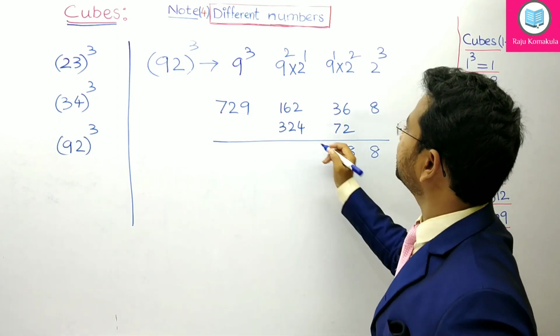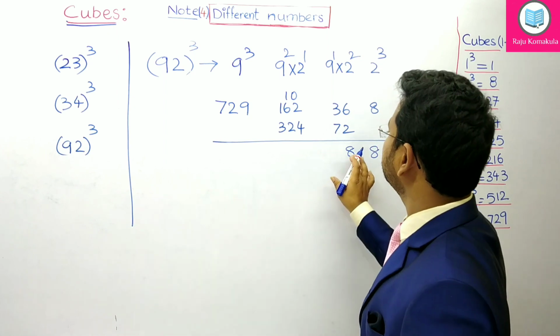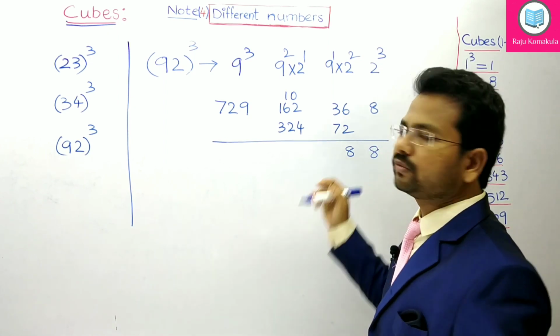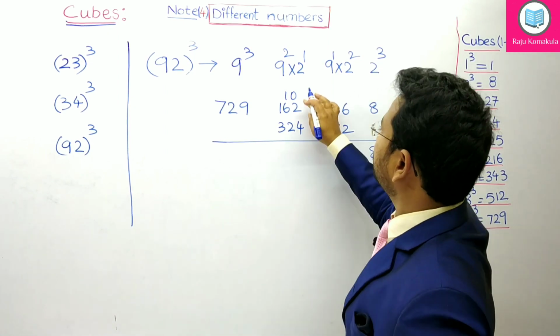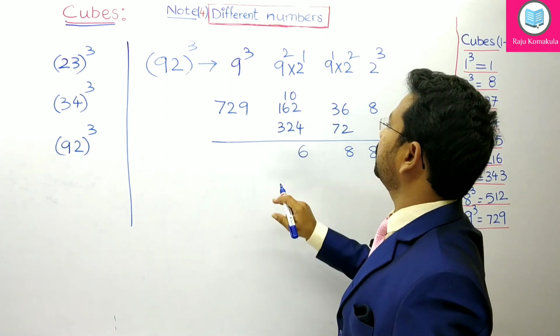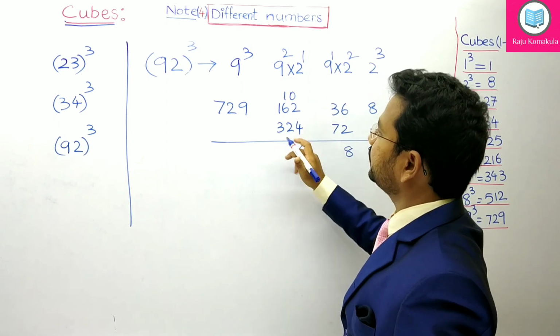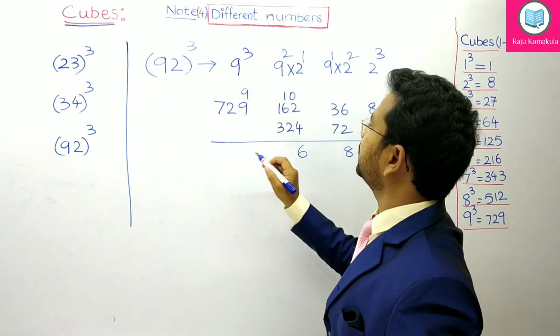But I am not writing 10 here. You have to write here 0. This is important. Don't write two numbers. Only write single digit. Now 2 plus 4, that is 6. And now 1 plus 6, 7 plus 2, 9. And I am taking as a carry only.